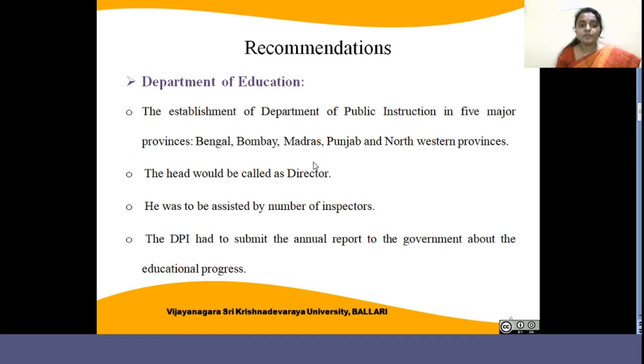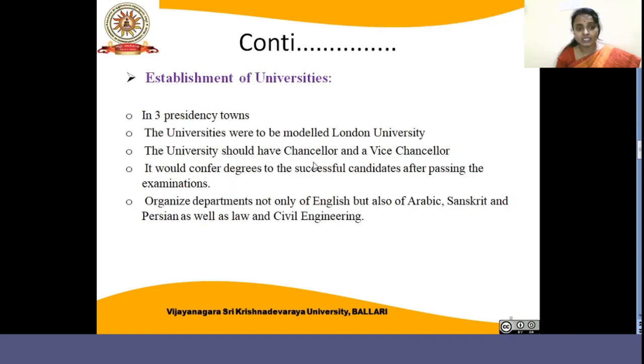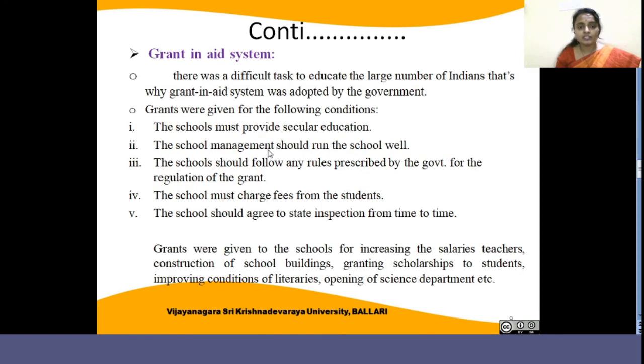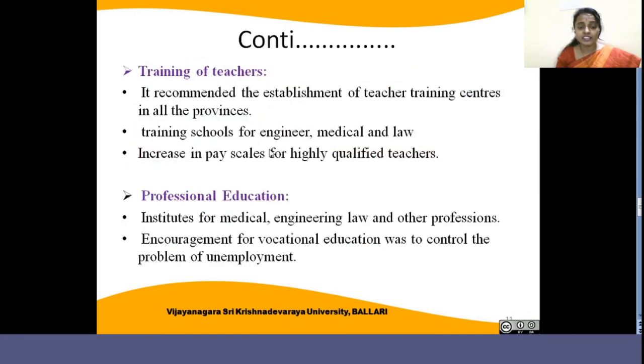As you can see, they started to establish the Department of Education, mass education and universities. The three important universities which were established as per the recommendations were under the three presidency towns, that is Madras, Mumbai, and West Bengal as well. That is an important part, and the grant-in-aid system, as I have told, and training for the teachers.